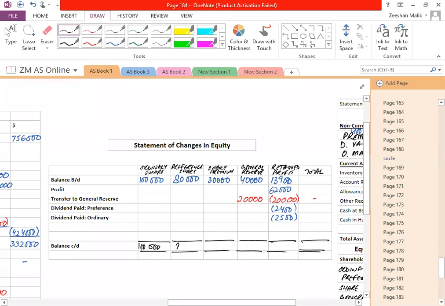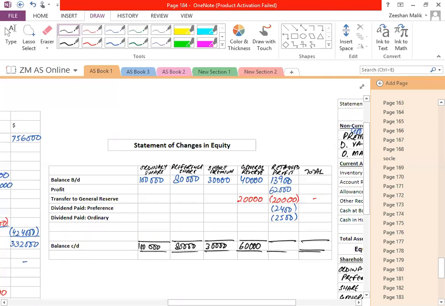Now that's all. Calculators. Total column 100, 80, 30, 60, and the last column, calculators.